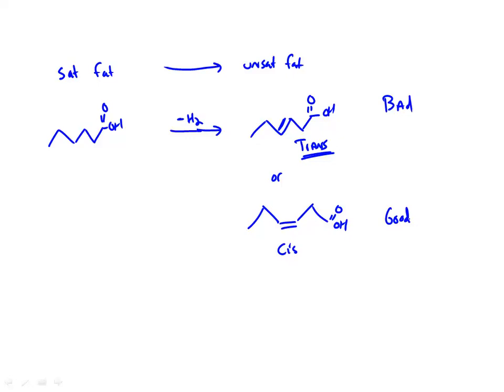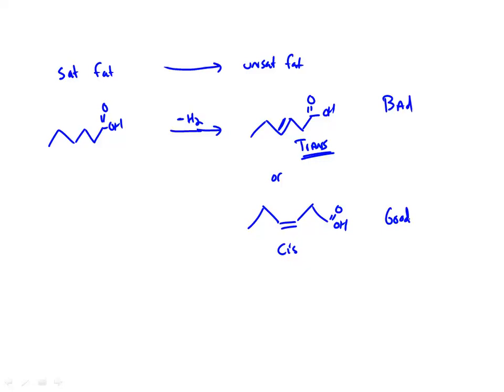And so one of the bad parts is when you do the reaction, it's very hard to control whether you get cis or trans. You get a mixture usually. Now, as we get smarter as chemists, we can probably do a better and better job, but overall, you're going to get trans. And so one of the things you see on labels a lot of times is no trans fatty acids. Well, I have to be honest, 90% of the things that say no trans fatty acids are bullshit anyway because they never add them in the first place.